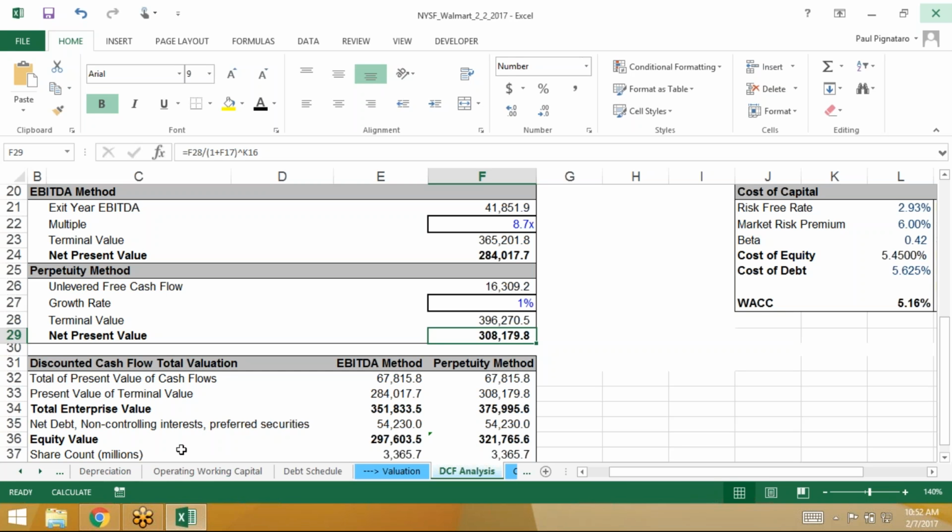And? Multiple. Versus the perpetuity method? Growth rate. What else? The WACC. WACC drives them both. That's going to be another factor as well. No, it's important. What else?